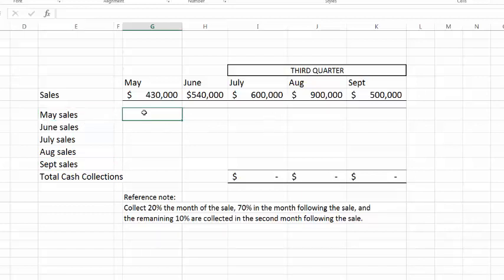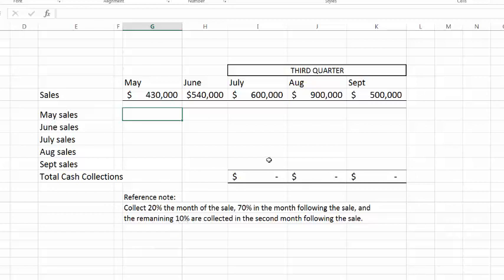So in May sales, I have the reference down here, and the reference just is a reminder to me how the sales were collected. 20% is collected in the month of the sale. So for May sales, 20% would be collected in May. Well, in the month following the sale, June, we would collect 70% of May sales.